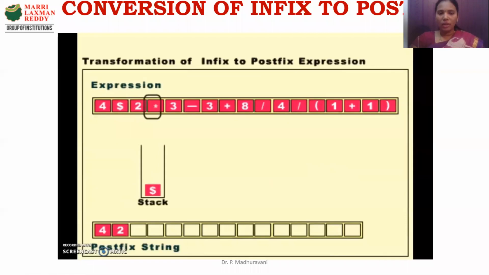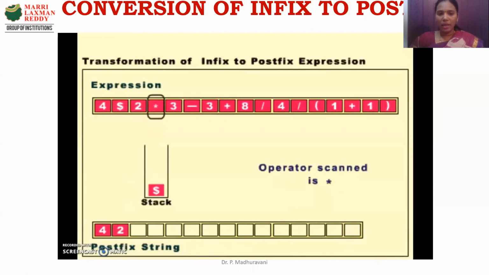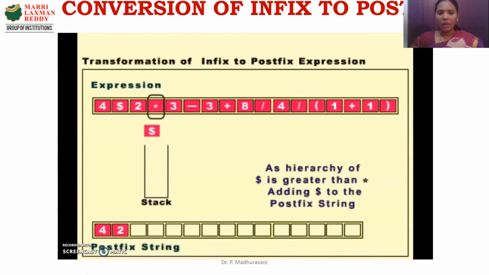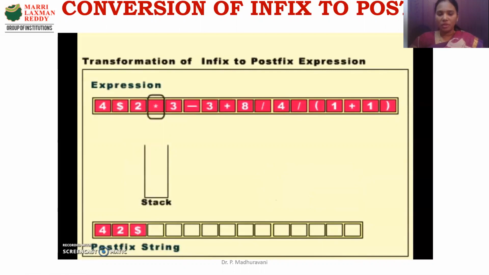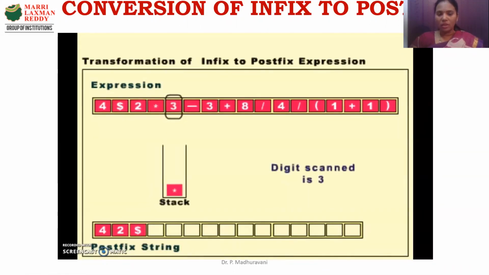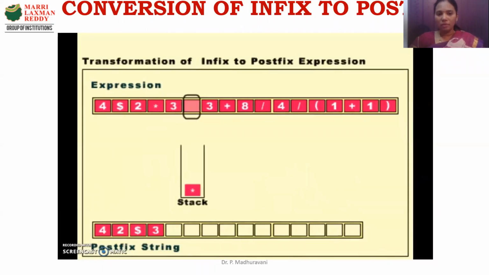Now move on. The next scanned symbol is the operator star. Whenever you try to push an operator onto the stack, you need to compare its precedence with the topmost operator on the stack, which is the exponent, which has the highest priority, so you need to pop it. The next value is 3, simply display it. Next is minus.